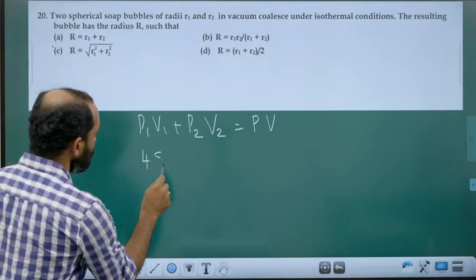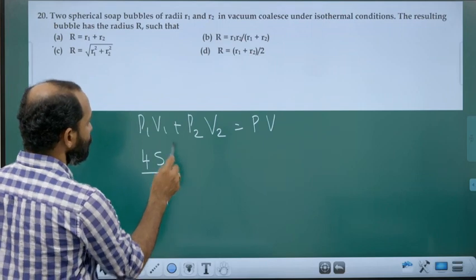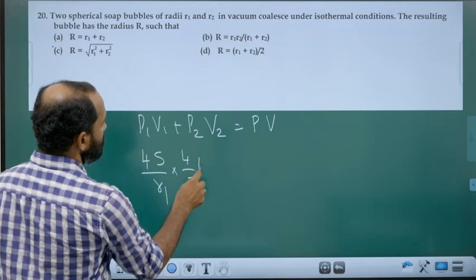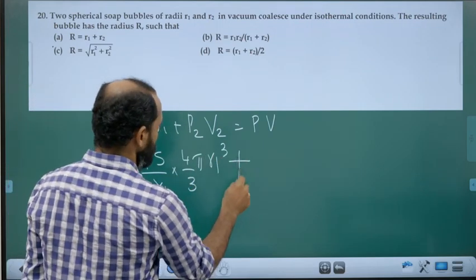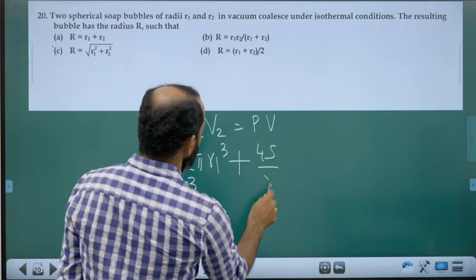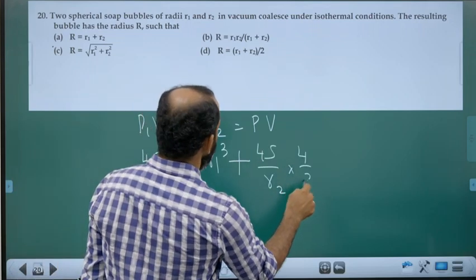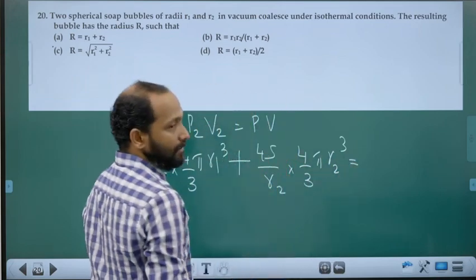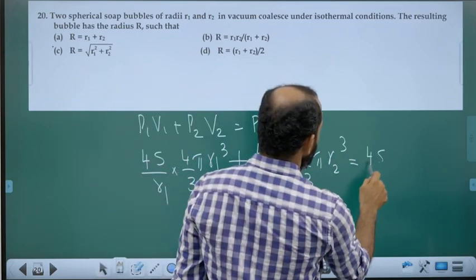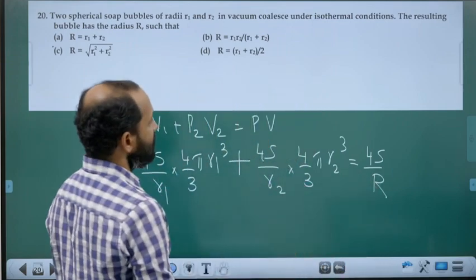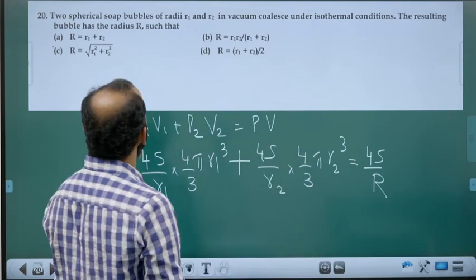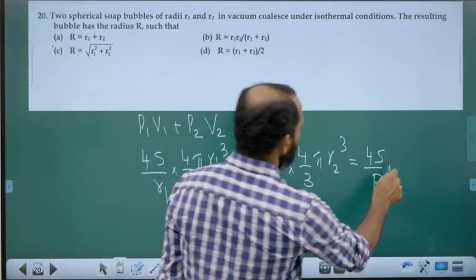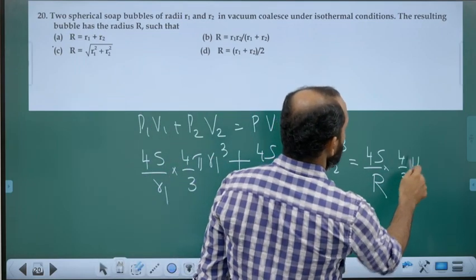So use 4S by R1 into its volume, 4 by 3 pi R1 cube, plus P2. Similarly, 4S by R2 into 4 by 3 pi R2 cube is equal to P. P is what? 4S by R, where capital R is the radius of the final single bubble, into its volume, 4 by 3 pi R cube.